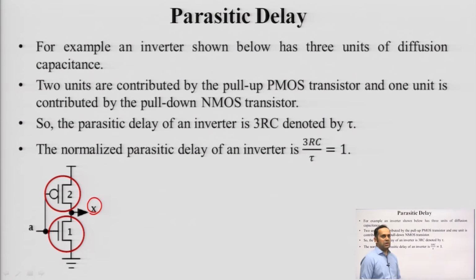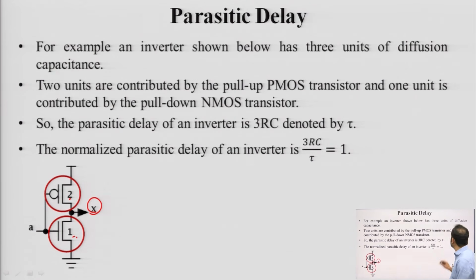This PMOS, which has twice the width of an NMOS transistor, is going to have a capacitance 2C, plus this unit NMOS here is going to have a capacitance C. So the net diffusion capacitance appearing at the output node is 3 times C, and the resistance being provided is R, because the PMOS being twice the width is going to have half the resistance, so this is going to have a resistance R. So at a time you are going to see a resistance R and capacitance 3 times C. So the total parasitic delay, which is the RC time delay here, is 3C times R, or 3RC.